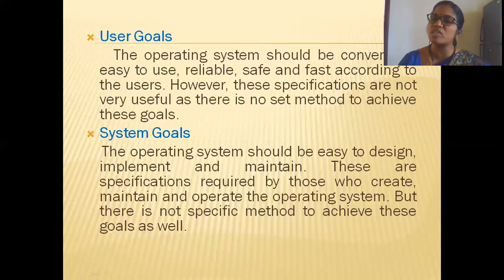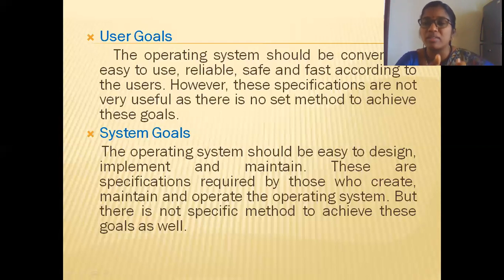These are specifications required by those who create, maintain and operate the operating system. He is not a user, he is a developer. What is he developing? He is developing an operating system. But there is no specific method to achieve these goals as well, because this also does not have any scientific reason.